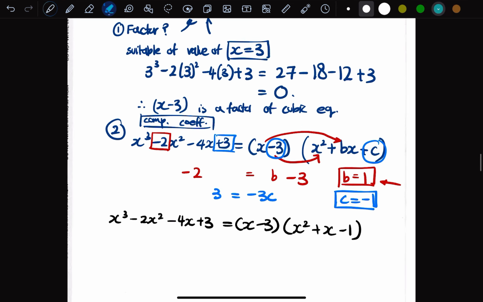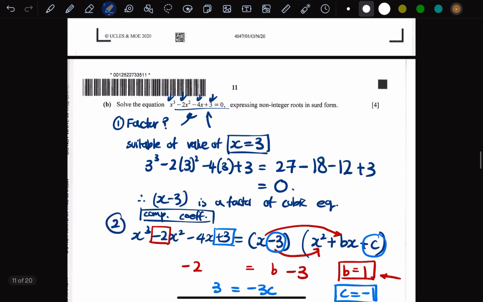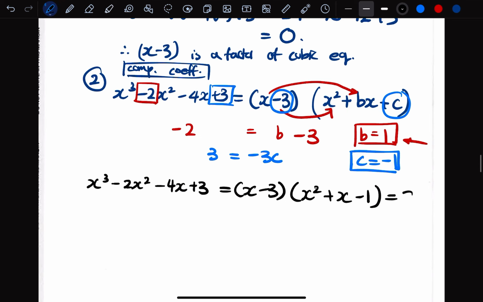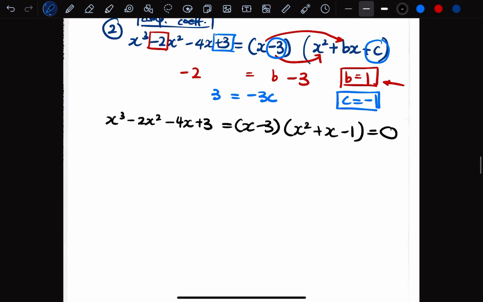And take note that the question already prompts you that you are supposed to give your answers for non-integer roots in surd form. This means we're just solving for this to be equal to 0, of which we can say that x minus 3 is equal to 0, or that x squared plus x minus 1 equals 0.